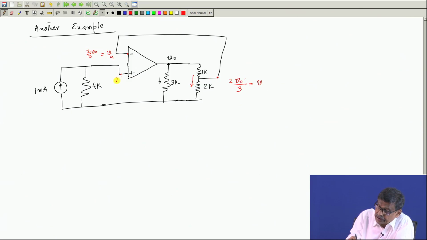So, this potential is also 2/3 into V naught. Got the point? This is the voltage which will exist here.